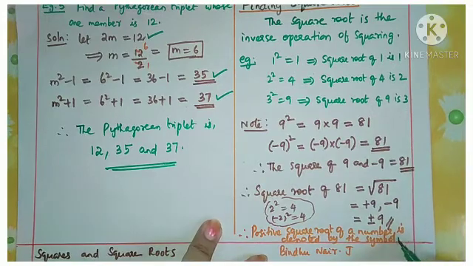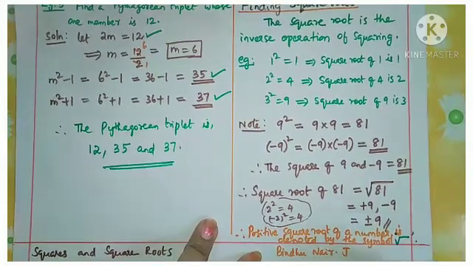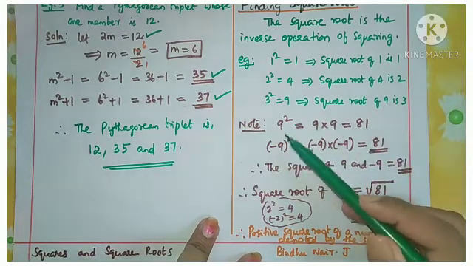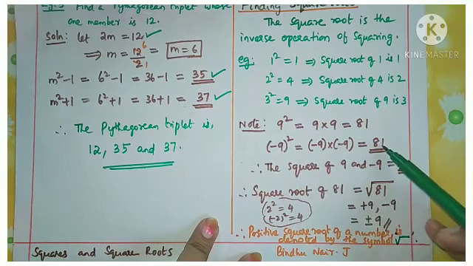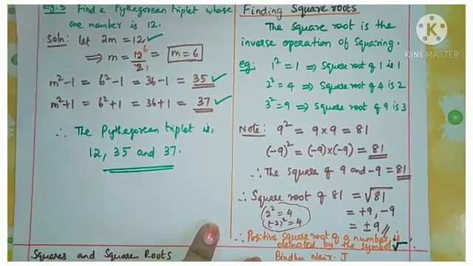This is the symbol root of only for positive square root. So that is the thing we are following in the lesson. Understood? Any negative number and the same positive number will have the same square, but in our lesson, this root of means only the positive square root we are taking.